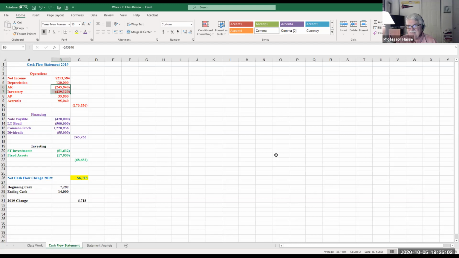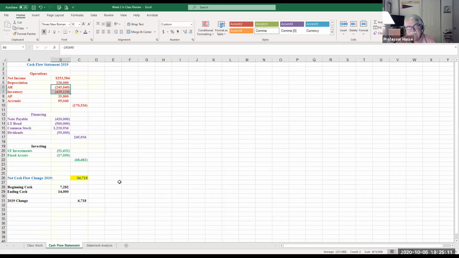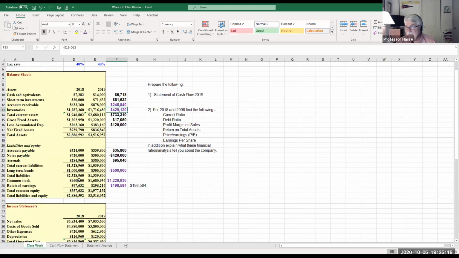So in this case, this company had an increase in receivables and inventory. That's negative operating cash flow. Accounts payable and accruals are operating liabilities. Now in this case, it's the direct opposite. When assets increase, that's negative cash flow.